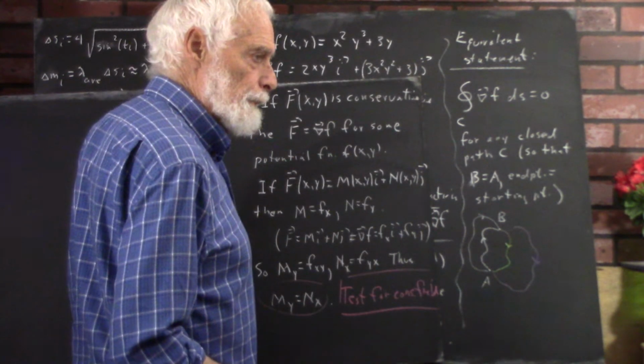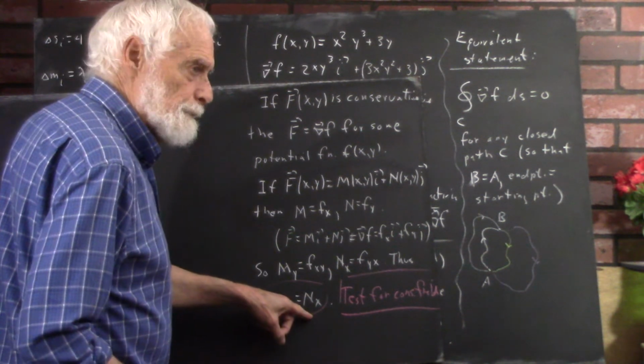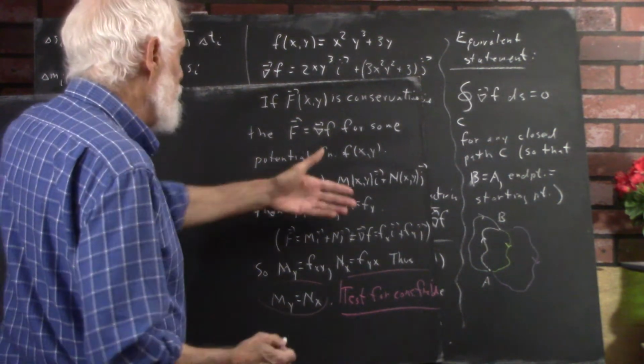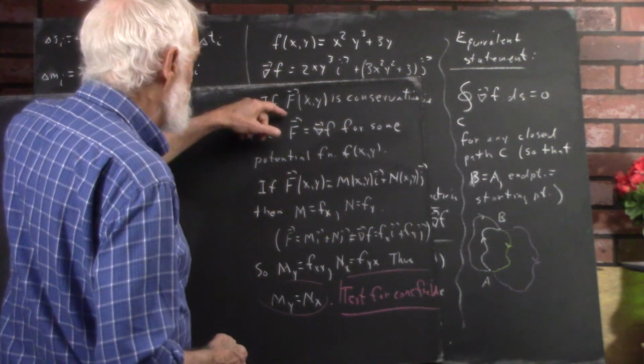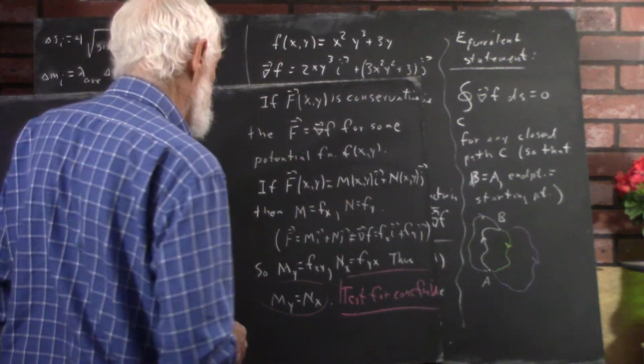Now, if you have a conservative field, then you should be able to integrate M and N to recover your gradient, or your potential function.